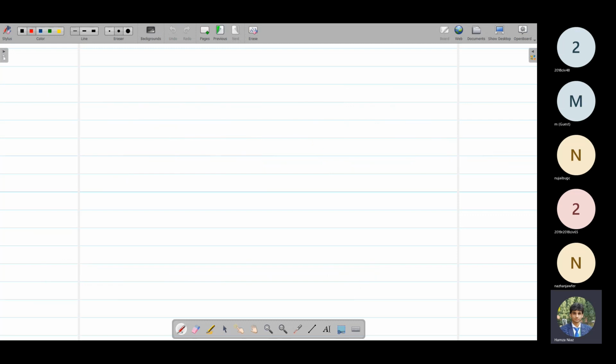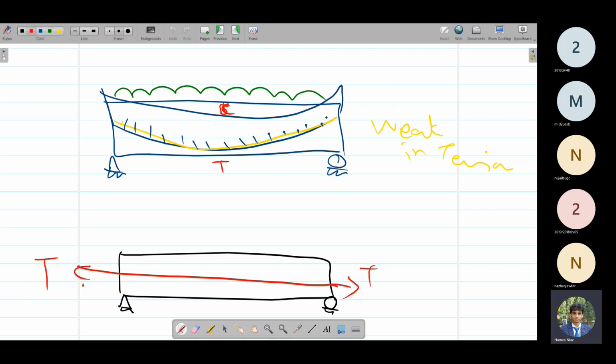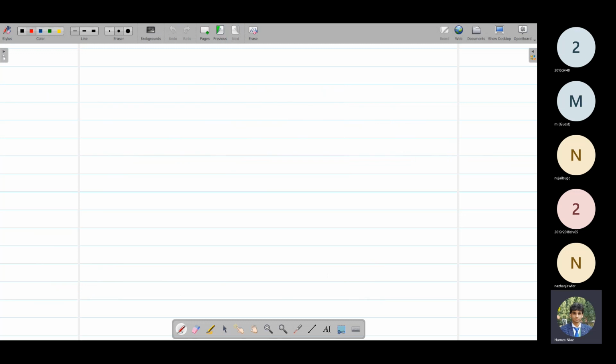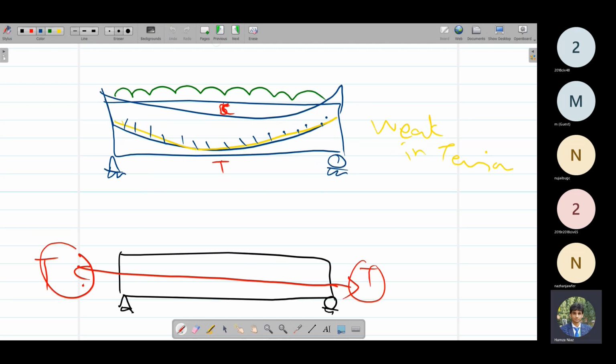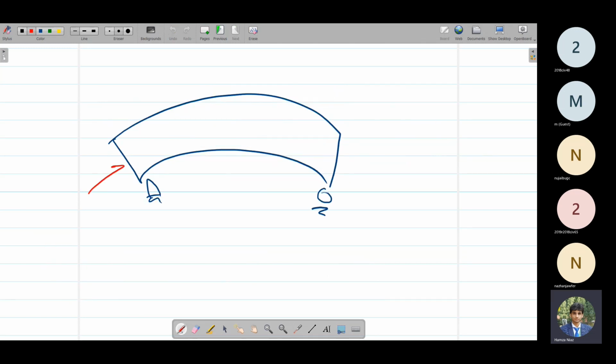When we release this wire from both ends, our beam will hog in this direction. The strands of wire are stretched, so they will try to come back when we release them, and our beam will hog like this.